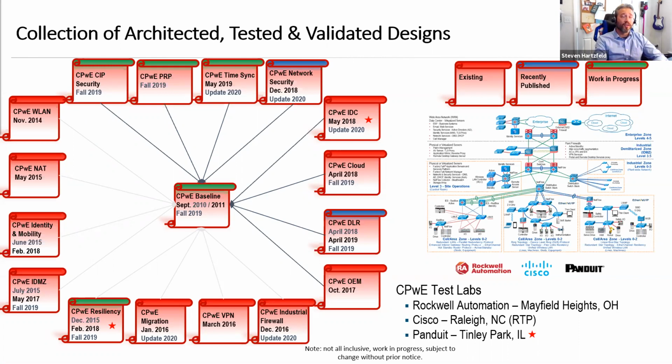In fact, we're on our 16th release within the CPwE at this point. Everything you see here shown in red is existing collateral, in blue are things that have been recently published, and everything shown in green is a continuous work in progress. As you can see in the middle, the baseline document itself is in constant development and improvement.